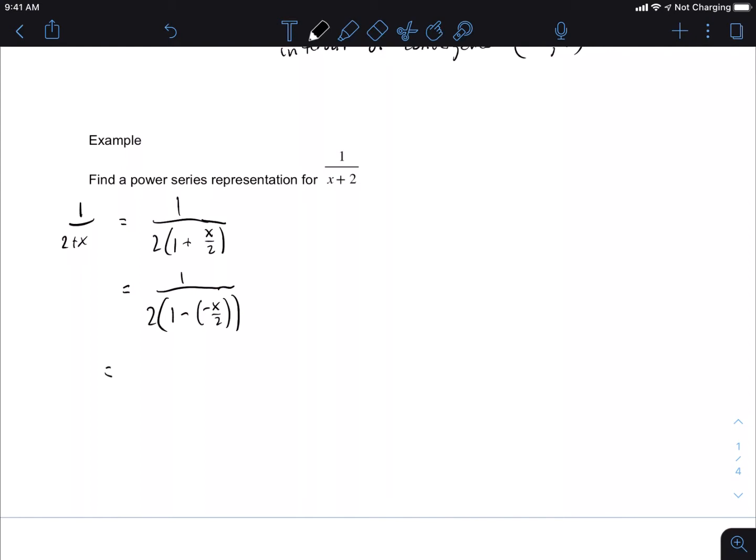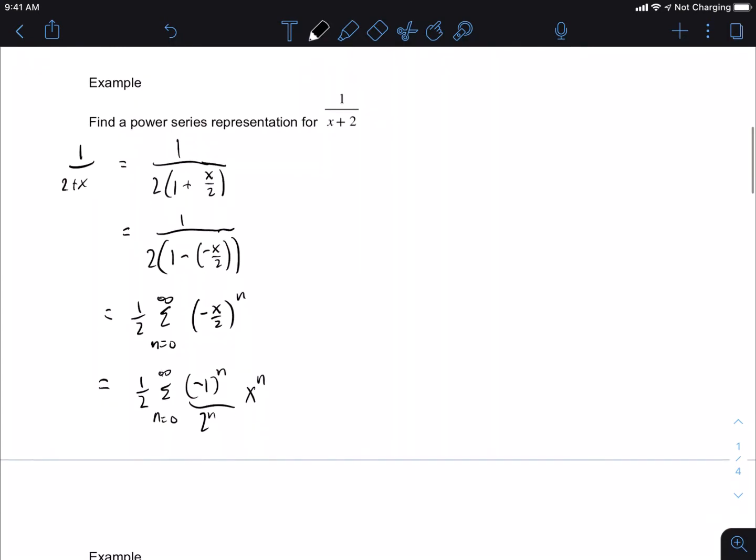So now we're in that form of 1 over 1 minus x. So then this can be written as the 1/2 can come out front. We have our summation going from 0 to infinity of our x now, which is this, to the n. Well, we can clean that up and we can get 1/2 times the summation from 0 to infinity of negative 1 to the n over 2 to the n, and then x to the n.